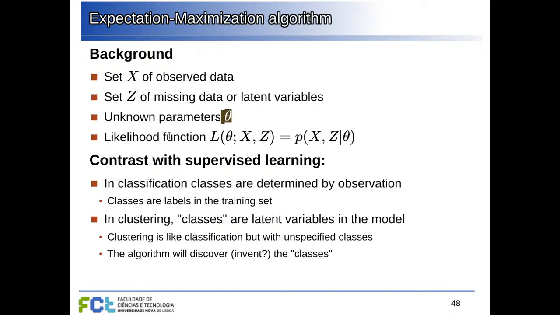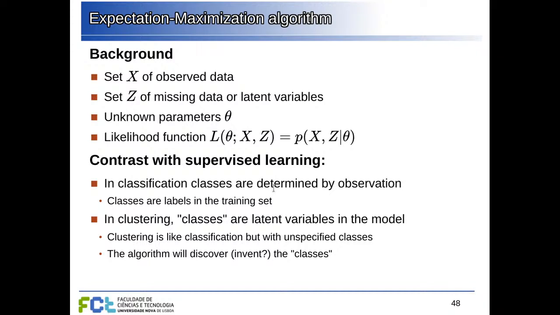Now we want to find the best parameters by maximizing the likelihood. The likelihood would be the probability of all the data, so the X and the Z, the features and the clusters, given our parameters. And this is what we want to maximize, exactly like we did with supervised learning. However, there is this big difference. In classification, these classes, the Y values, are determined by observing something in nature, so they are present in the training set, in the data. In clustering, these classes are part of the model.